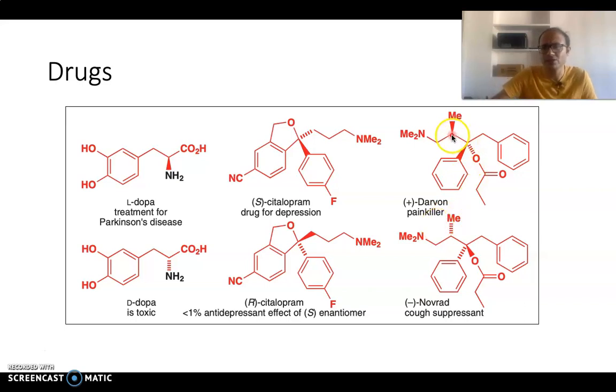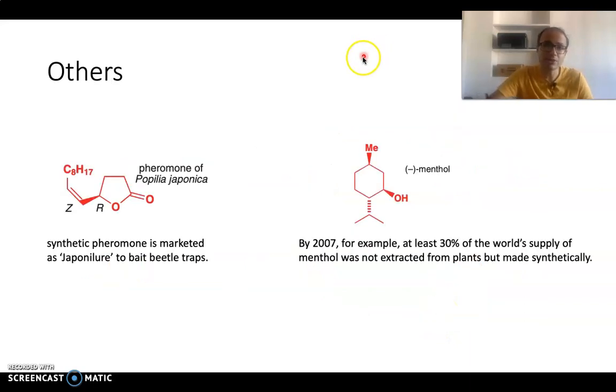Here you have two asymmetric centers, one present here and another here, and similarly here as well as here. They are mirror images of each other. However, one enantiomer is a painkiller and the other is a cough suppressant. So in drug molecules also you see the importance of asymmetry, and that is why the study of stereochemistry is very, very important.